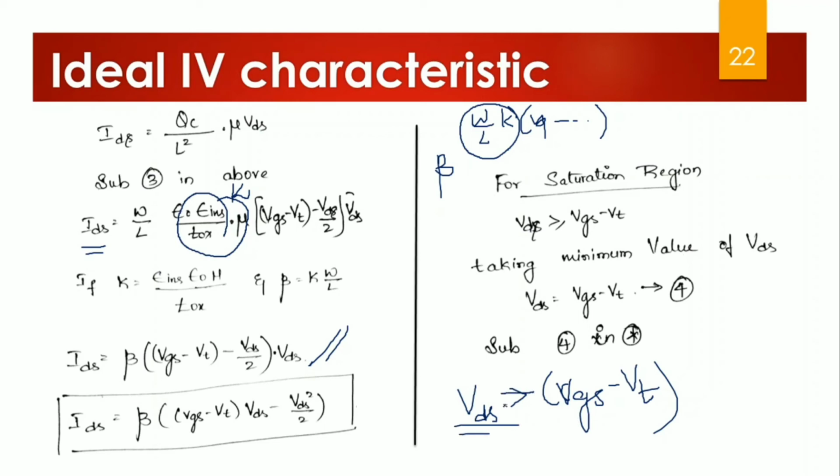The minimum value of VDS will be equal to VGS minus VT. Therefore, if I substitute VDS equal to VGS minus VT, what happens to the equation? So it is VGS minus VT into VDS minus VDS square divided by 2.